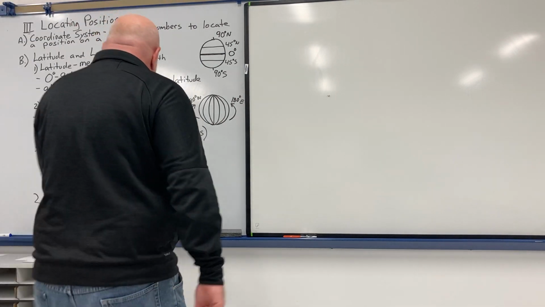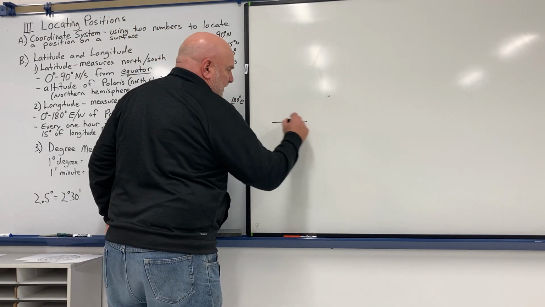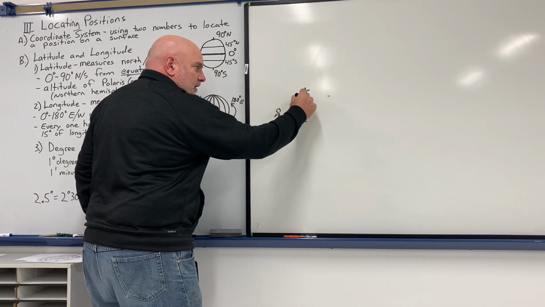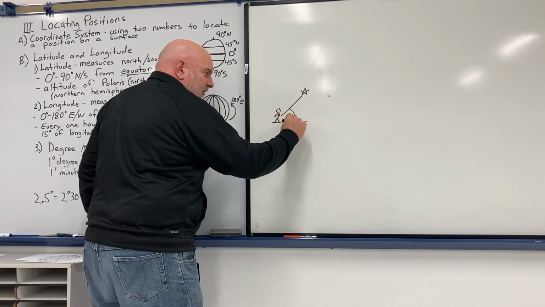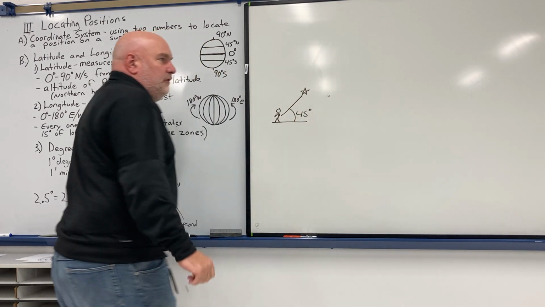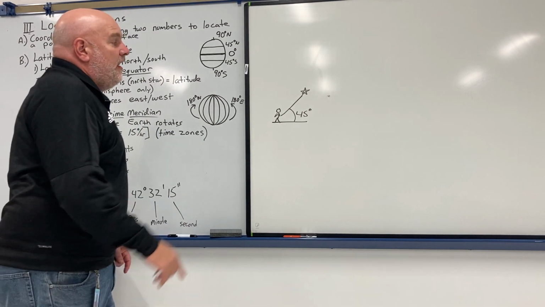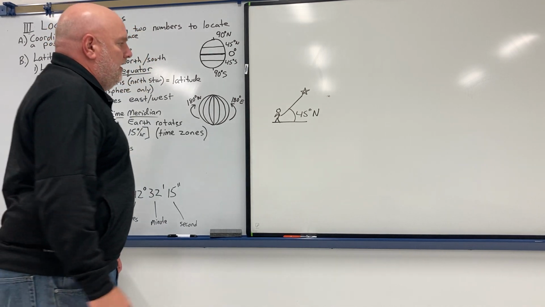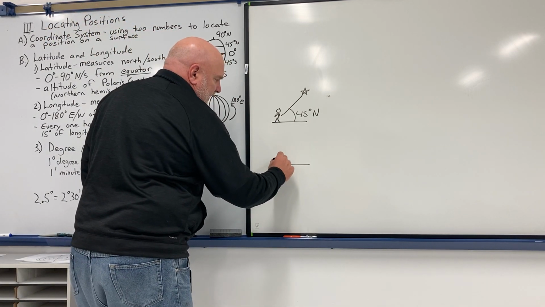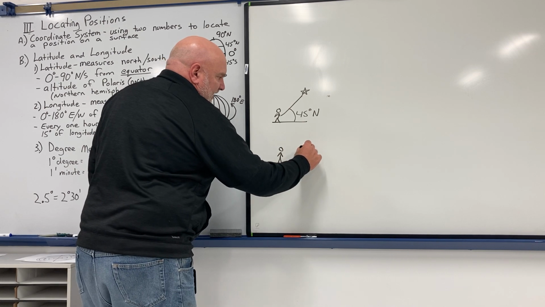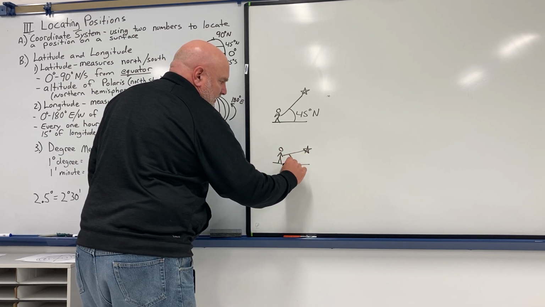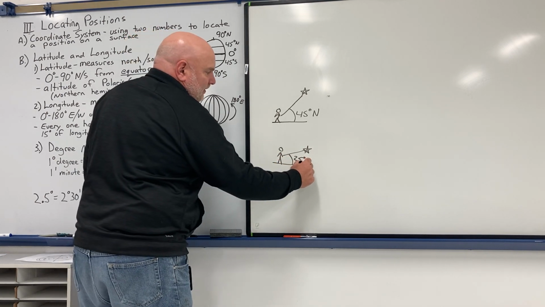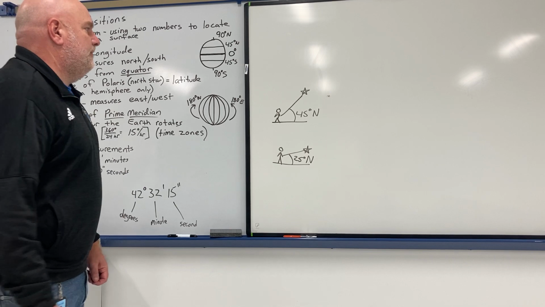All right, so if I were to look up in the sky and I see Polaris right there, and I look up and this is a 45-degree angle to Polaris, that means this spot is located at 45 degrees north. If this guy were to look outside and he sees Polaris at, let's say, a 25-degree angle, that means that guy's latitude is 25 degrees north.